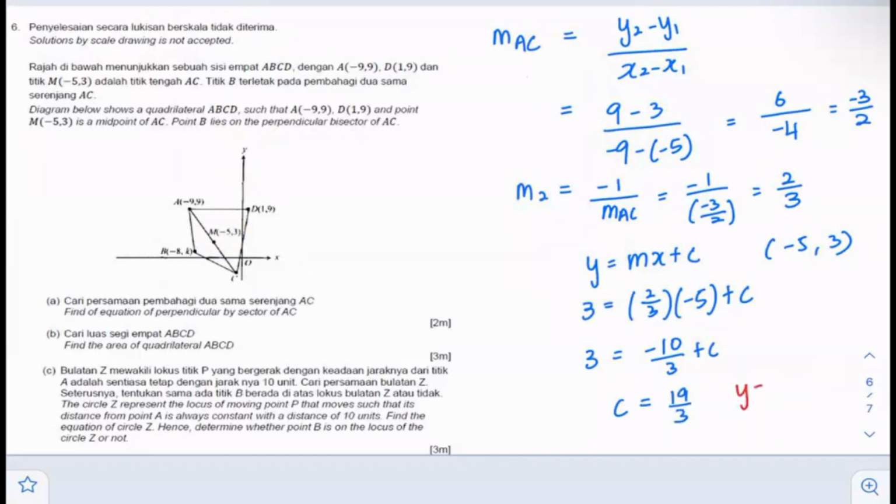So with this, we can say the equation is y equal to the gradient 2 over 3 x plus 19 divided by 3. And we can multiply all with 3. We have 3y equal to 2x plus 19.